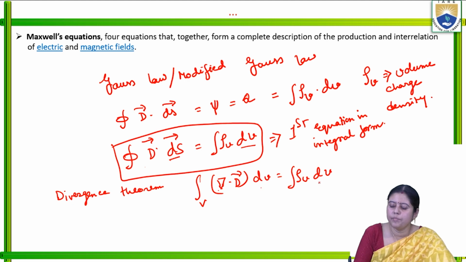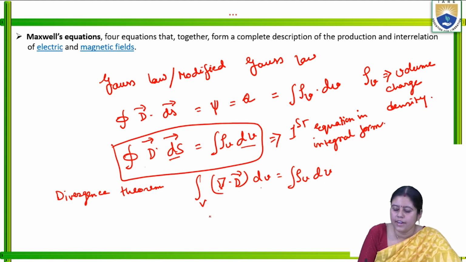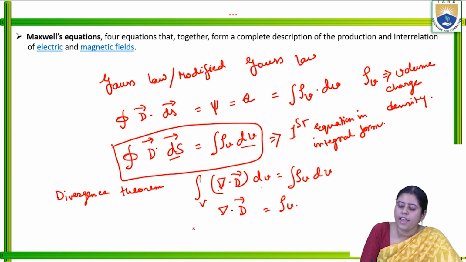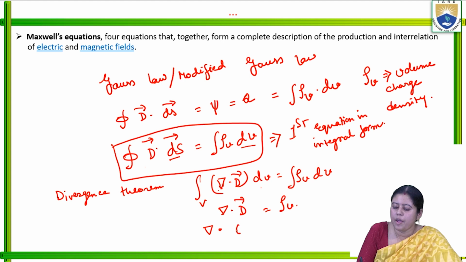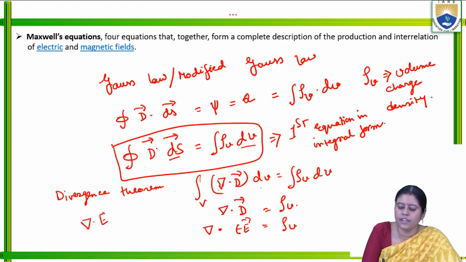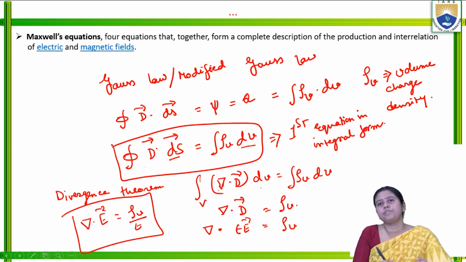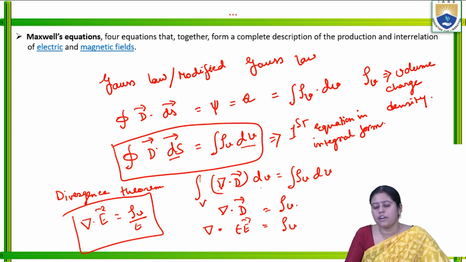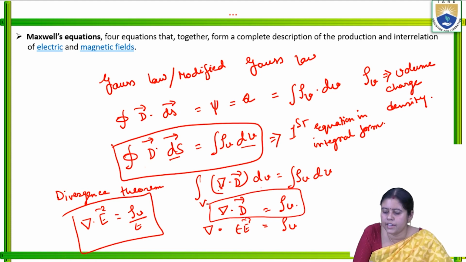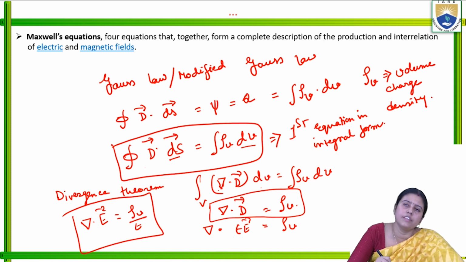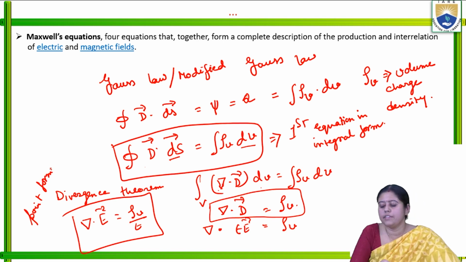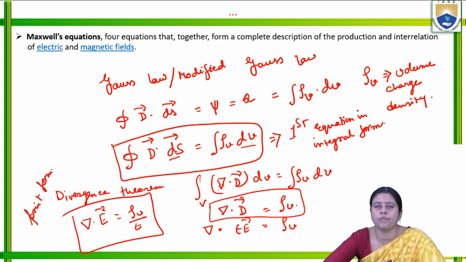Both sides have dv, so we can write grad dot D is equal to rho v. Again, we can write grad dot epsilon E is equal to rho v, so grad dot E is equal to rho v by epsilon. This is the first equation of Maxwell in the point form.